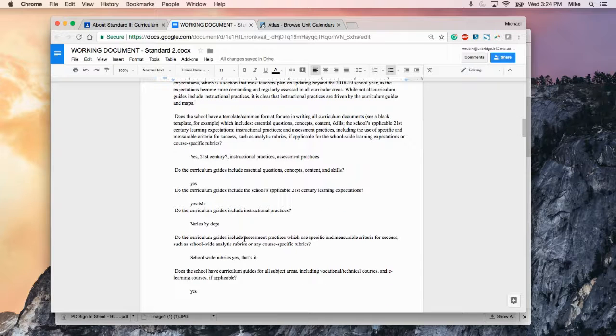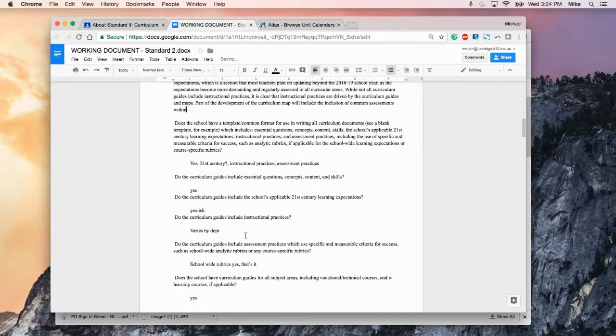Do curriculum guides include assessment practices? Well, part of the development of the curriculum map will include the inclusion, and I know that's being redundant, we can go back and edit it later, of common assessments within courses, including assignments for Stage 2 of Atlas Rubicon mapping.